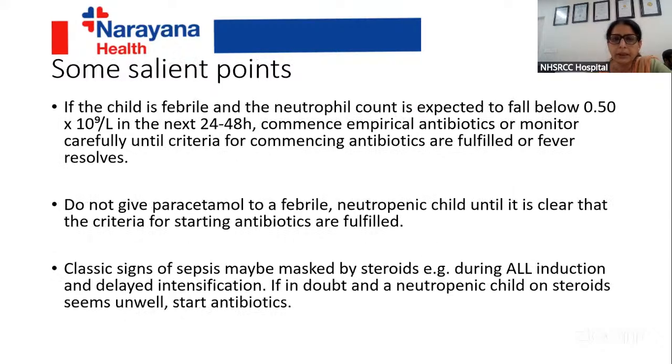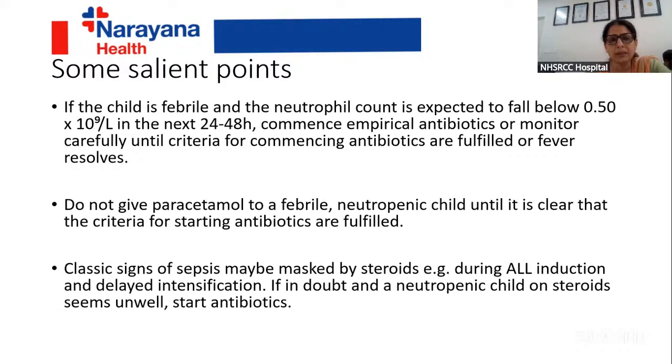Now, if a child is febrile and the neutrophil count is expected to be less than 500 in the next 24 to 48 hours, the child has come to you with febrile neutropenia. You send the CBC, send the cultures, and start empirical antibiotics. Don't wait for the counts to fall below 500. You know that this child is going to go down. Be a little preemptive and start the antibiotics.